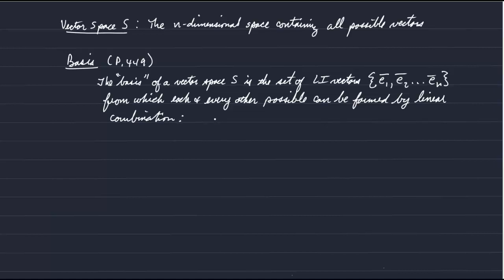That is, if we have an arbitrary vector x, it is formed uniquely by the linear combination of the given base vectors. So that's a formal definition of the basis.